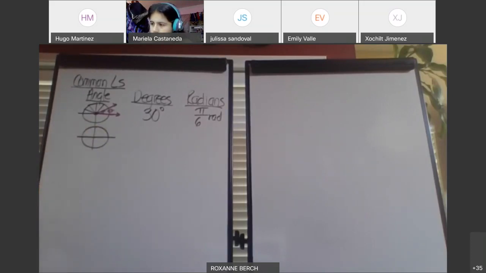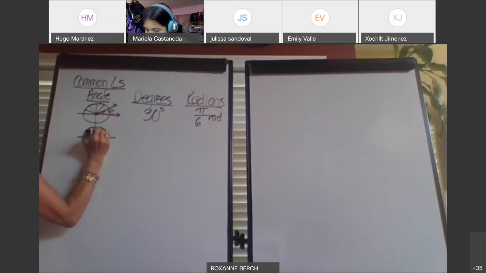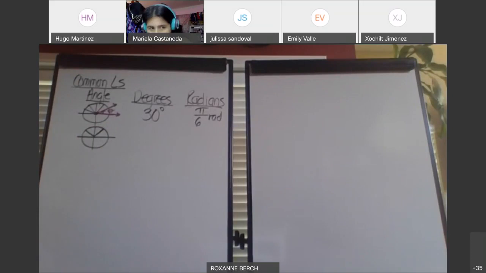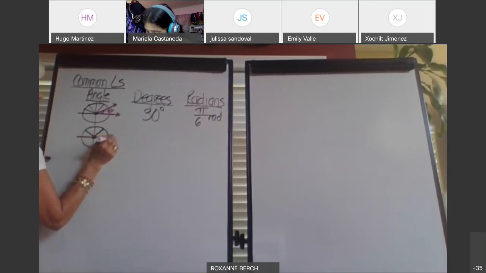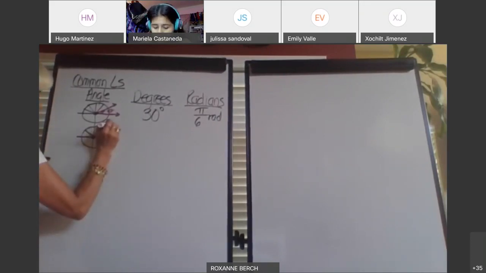In the next one, I'm just going to divide this into 4 parts. Pretend those don't look exactly equal, but they should be equal parts. If I were going to draw this angle in standard position, the vertex is at the origin, the initial side lies on the positive x-axis, and there would be this angle here.